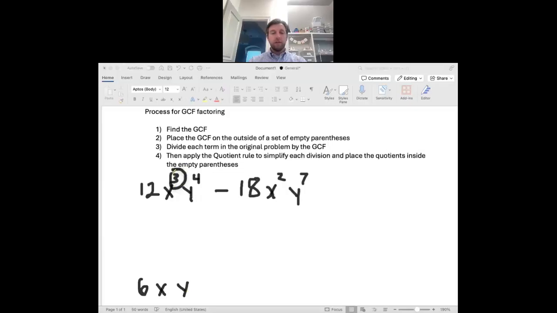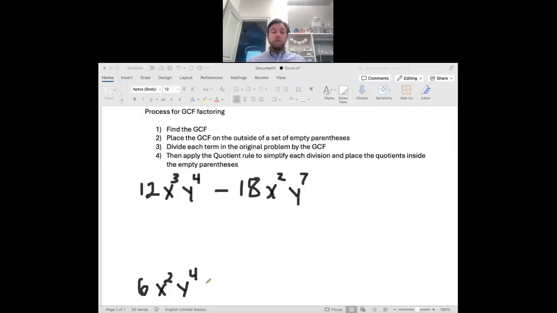You look at the exponents of the x's and you choose the smaller of those, and that's going to be 2. So with that in mind, what exponent do we use over the y? 4. Yeah, exactly right. That's it. Find the GCF of the numbers in front, see what variables are in common, then choose the smaller exponent over those variables.